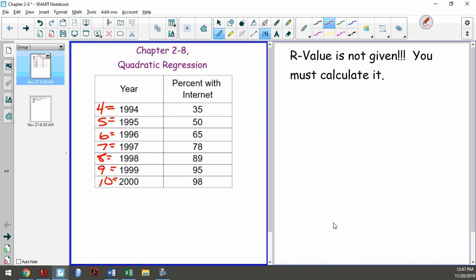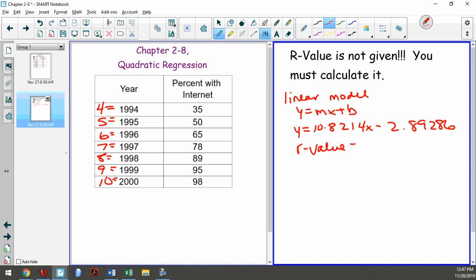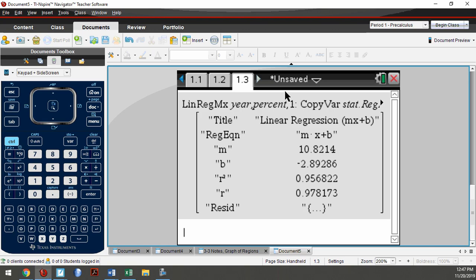So my linear model, okay, does that look like it's pretty close to you? Is that R value pretty good?